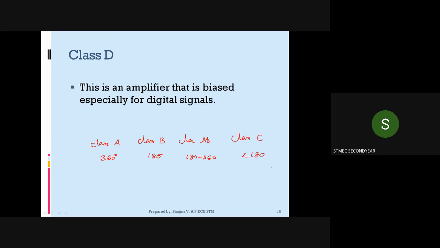This is the conduction angle of each power amplifier configuration. Then you have to set your Q point for class A operation at the middle of the load line, for class B operation at the cutoff point, for class AB between the midpoint of the load line and the cutoff point, and for class C below the cutoff point. So these are the main classifications.